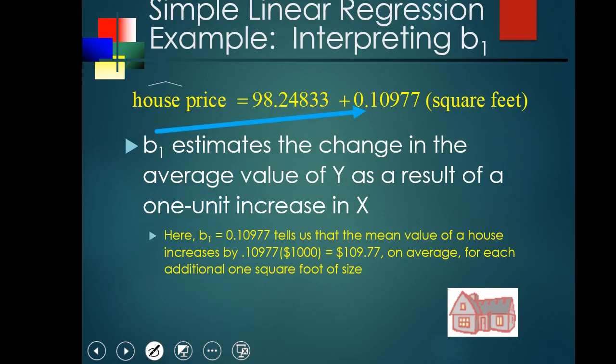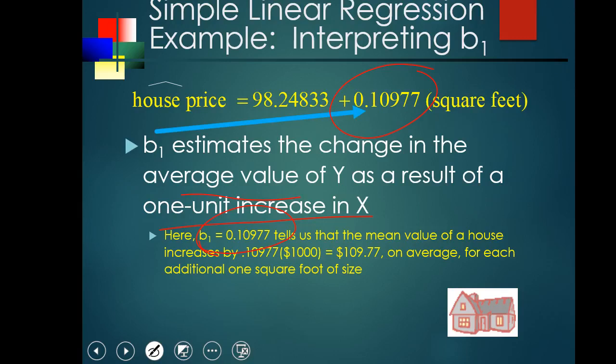Now let's interpret beta 1. So beta 1 here is 0.1097. Beta 1 estimates the change in the average value of y as a result of a unit change of x. So here beta 1, that is 0.1097, tells us that the mean value of a house increases by 0.10977 into 1000, because these prices are all in $1000.